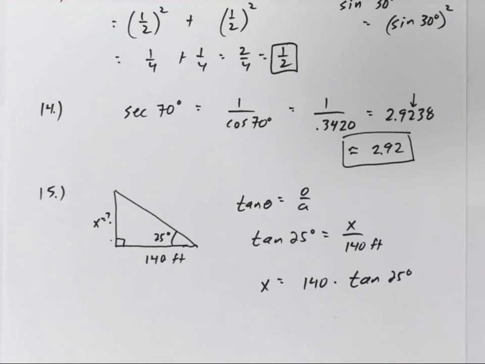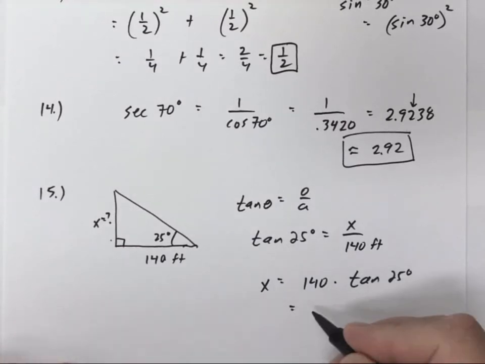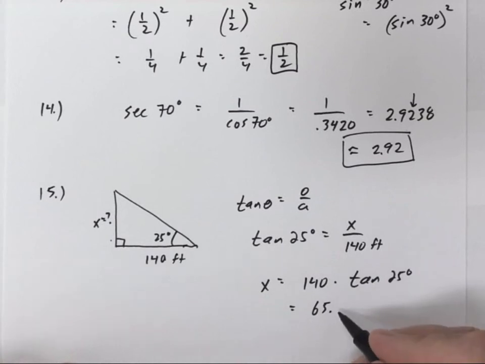And they say round to 2 decimal places, so that means I'm going to go grab my calculator. So I'm going to make sure I'm in the degree mode, enter 25 degrees, and then for me I hit the tangent key, T-A-N, and I take that, looks like it's 0.466, I'm going to multiply it by 140, so I get 65.283.